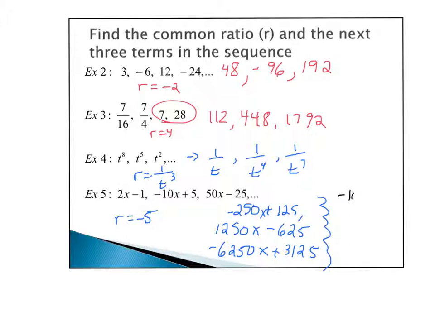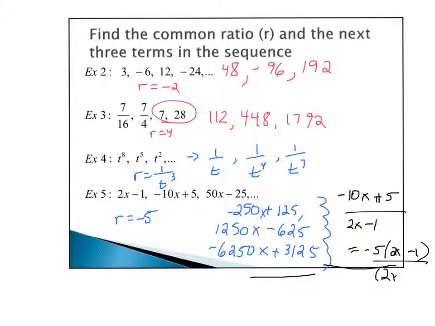You can also take the second term and divide it by the first term, and if you factor out the negative 5 in that first term, we end up getting negative 5 times (2x minus 1) over (2x minus 1), which further tells us that our r value is negative 5. And again, I apologize that my handwriting is so poor on this video making app.